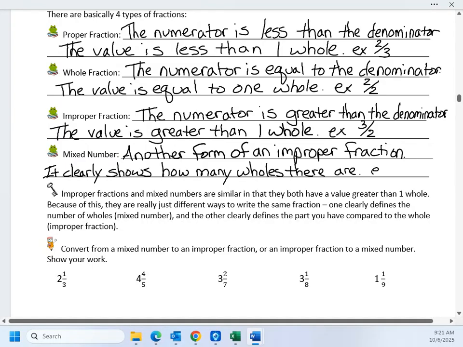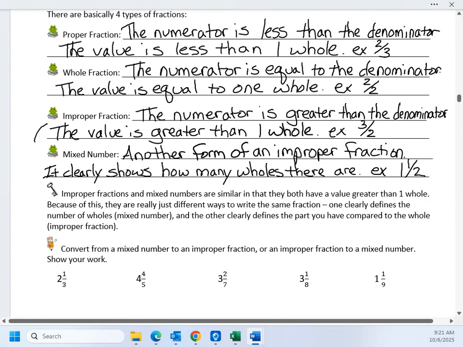In our example of 3/2, that would be 1 and 1/2. So we can see there's clearly 1 whole and then a half after it. So it's more than 1 whole. So you see those whole numbers, you can easily see it's bigger than 1 whole.